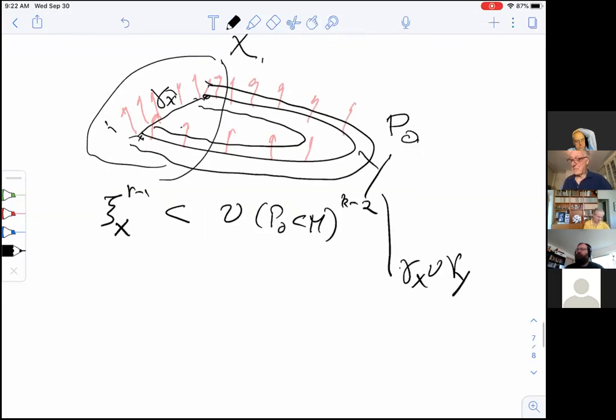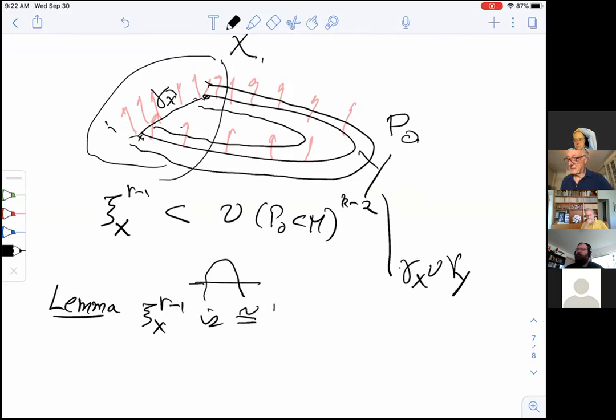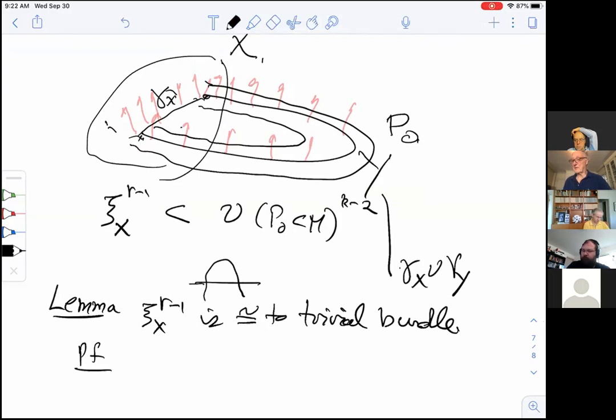Okay. Next, we have to see, homotopy theoretically, this is a bundle over a circle. Just remember what these two look like. So homotopy theoretically, it's just a circle, and I claim this bundle is isomorphic to the trivial bundle. Well, its isomorphism class is determined by whether or not it's orientable. We're working over a circle, basically.